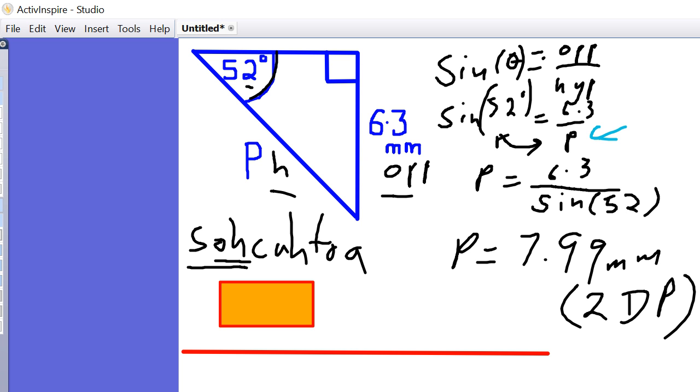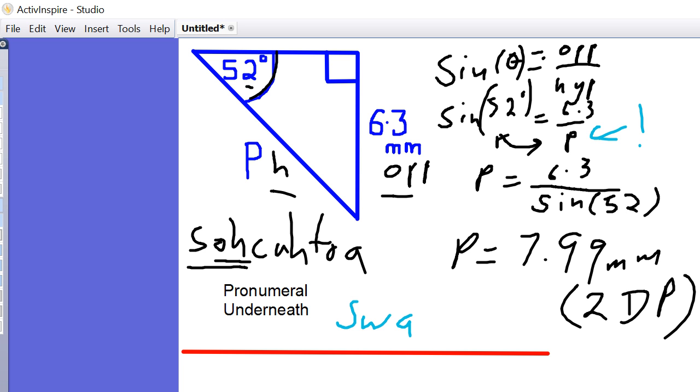Okay, so again, the point here is that the pronumeral is underneath this time. So what did we have to do? We had to swap their positions: we had to swap the ratio, in this case sine, and the pronumeral.